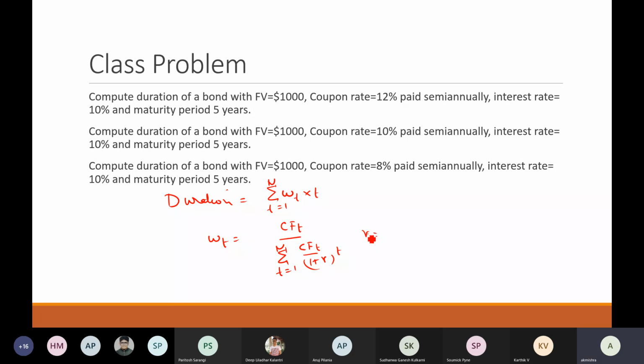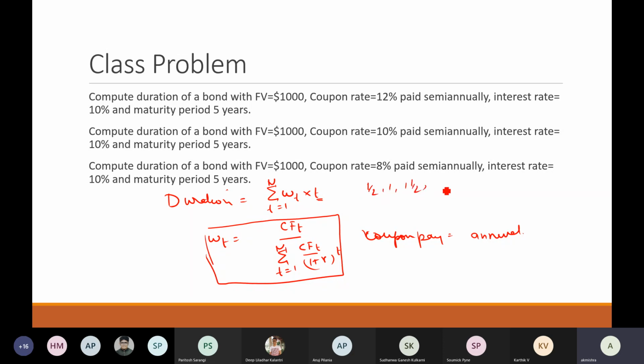So here your coupon payment is annual. For every year you need to get the weight, and you multiply the weight with t. In case of semi-annual, t will be 0.5, 1, 1.5, 2, and so on.